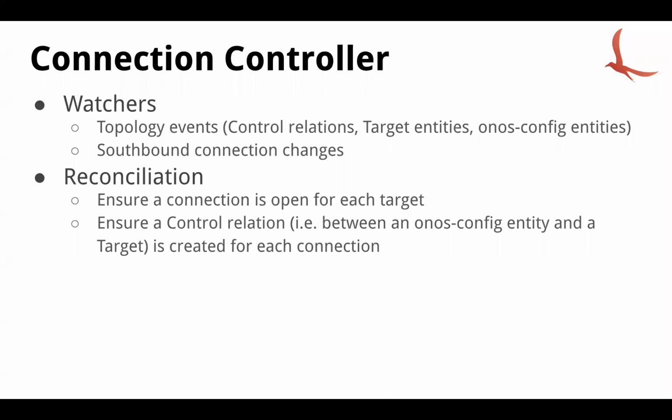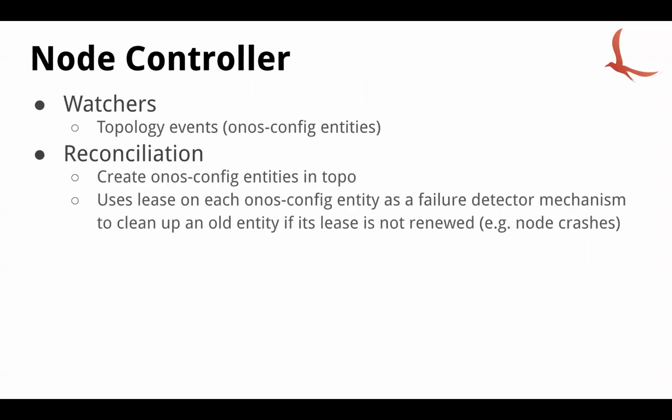Basically, the way the node controller works, node A is responsible for creating its own entity, and any other node is responsible for trying to get rid of its entity.